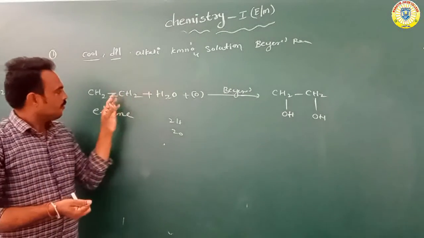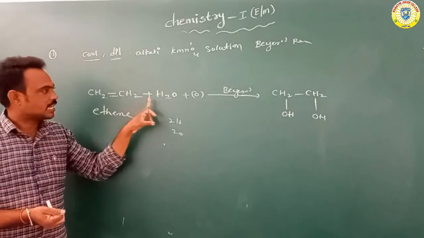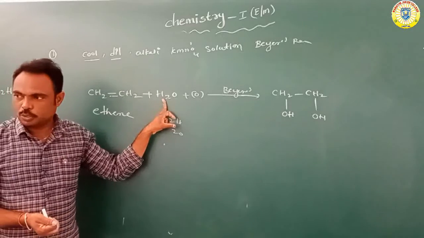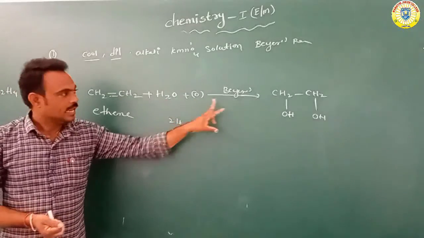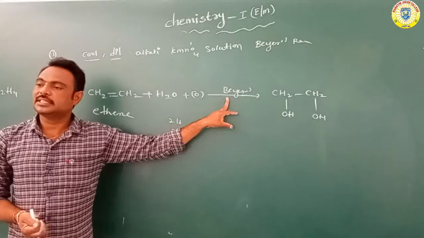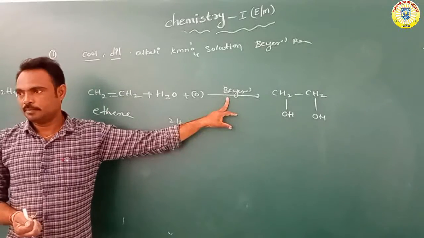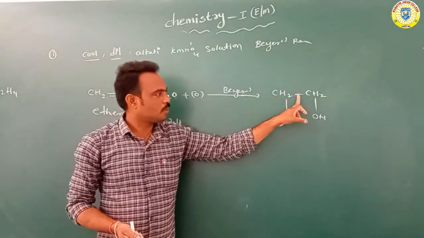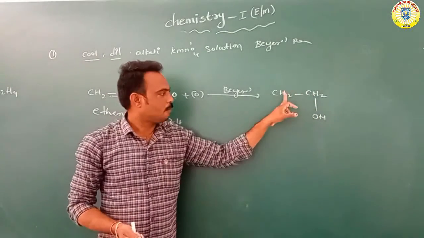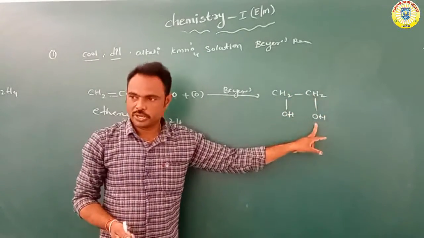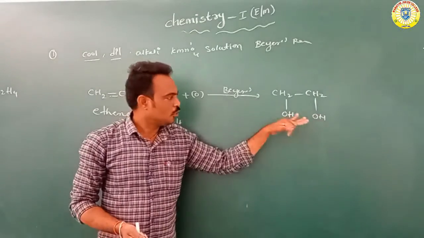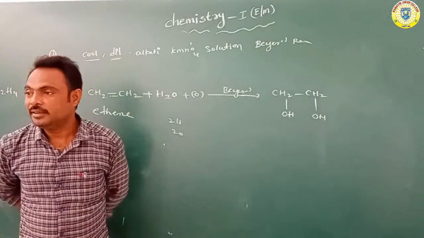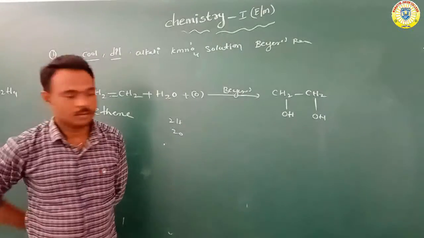So when ethylene reacts with water and oxygen in the presence of Bayer's reagent, it forms CH2OH-CH2OH. So it is called ethylene glycol.